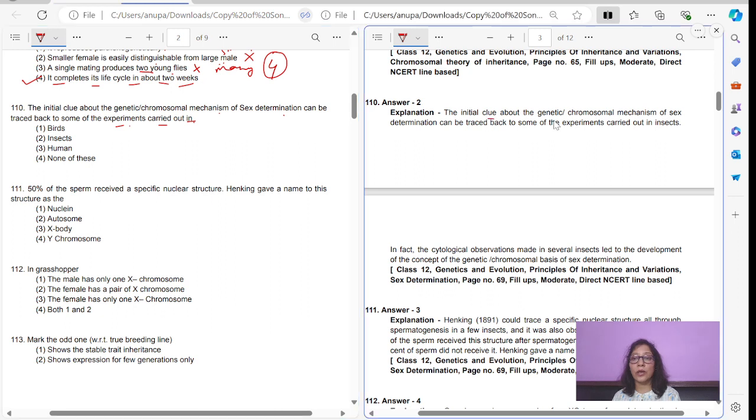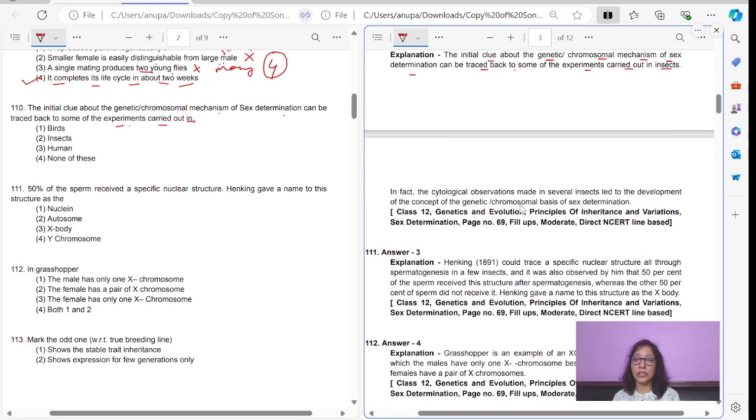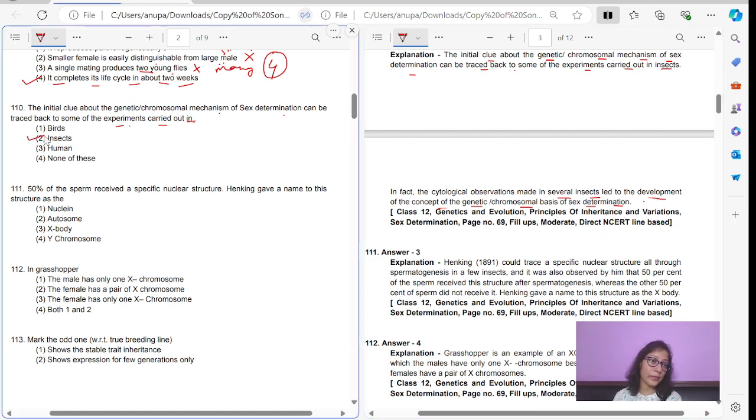The initial clue can be traced back to experiments carried out in insects. In fact, the cytological observations made in several insects led to the development of the concept of the genetic or chromosomal basis of sex determination. So our answer to this question will be insects, that is option number 2.